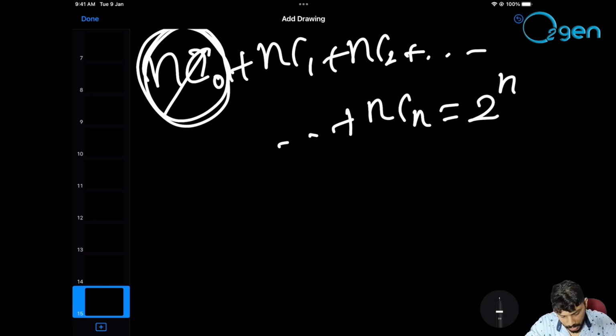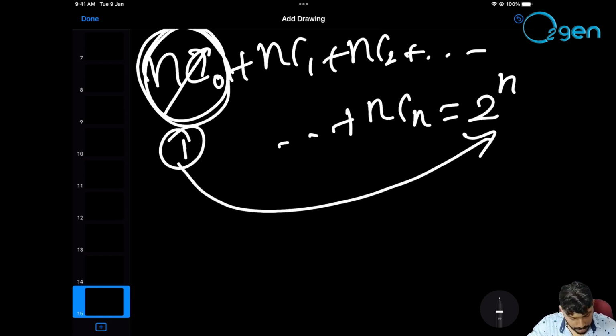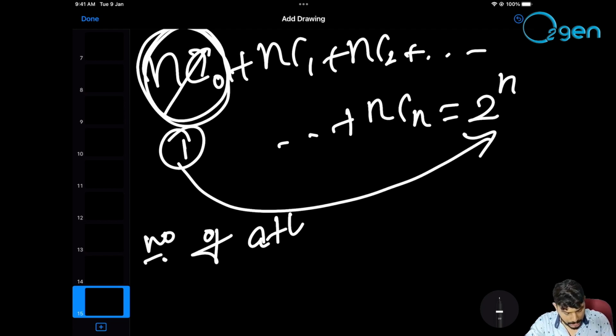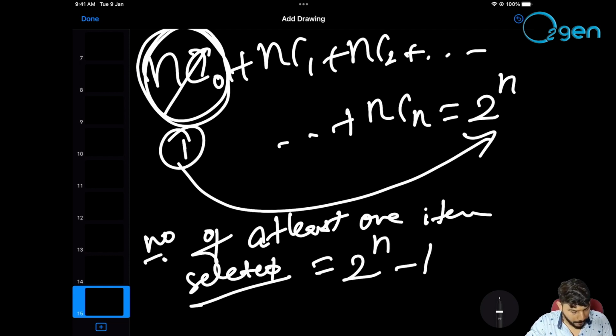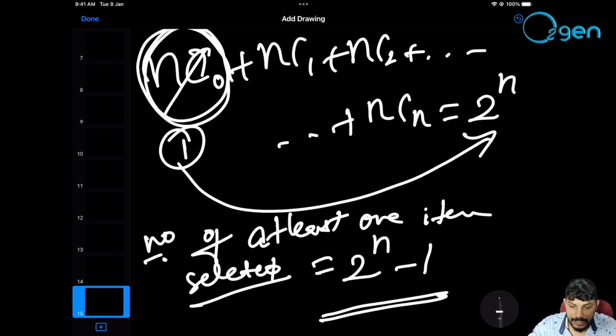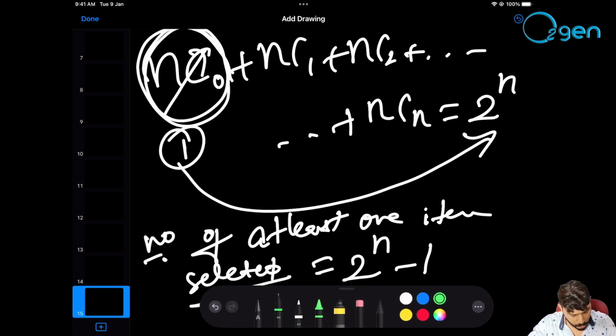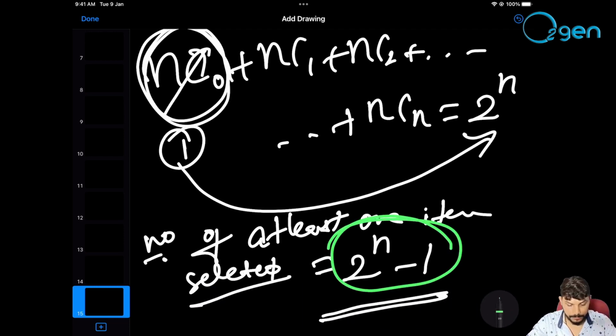If you shift this to the right-hand side, the number of ways at least one item can be selected is 2 power n minus 1. That is the formula.